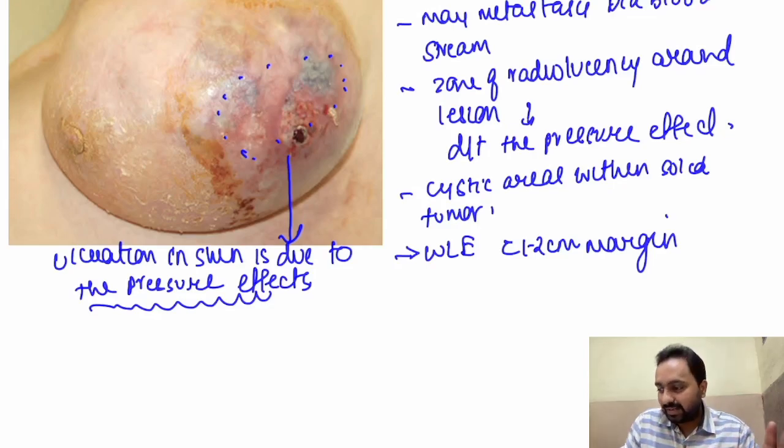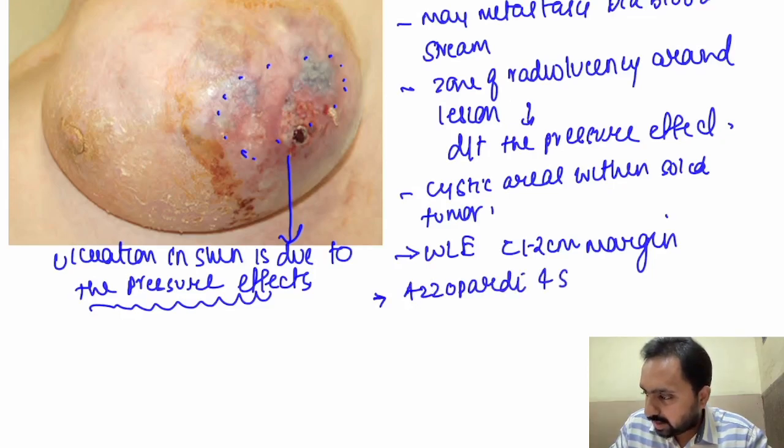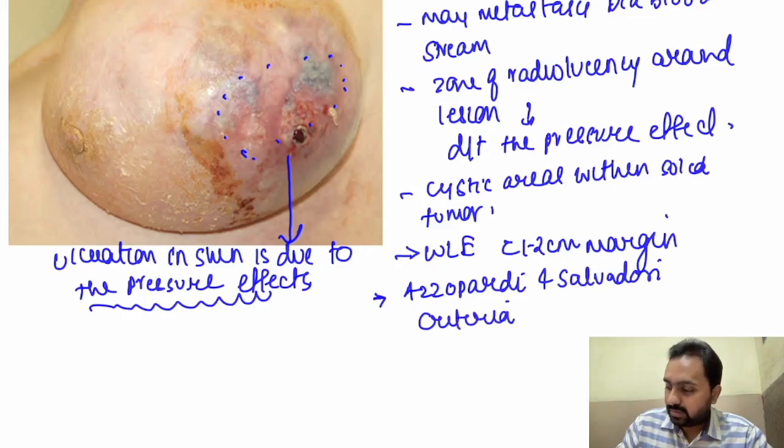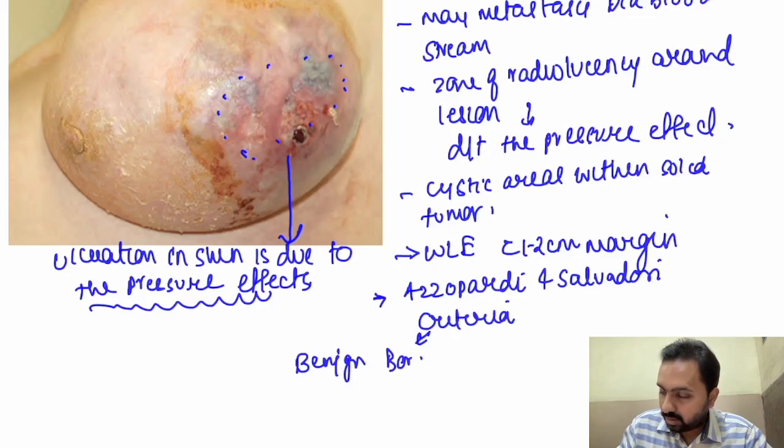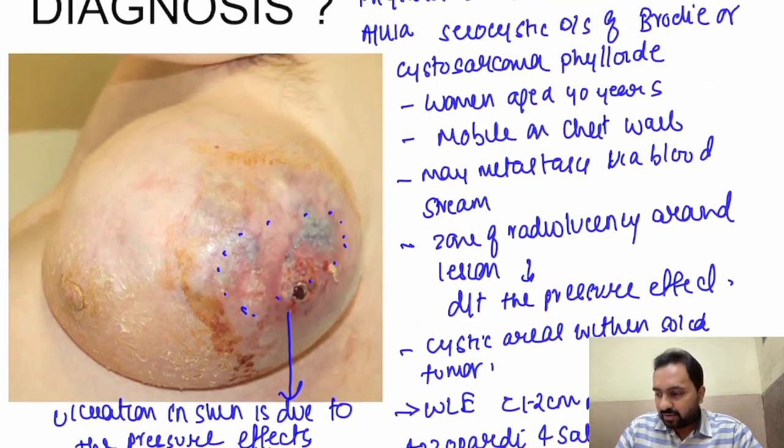I'll not go into the details of the criteria, I'll just name it, which is the Azzopardi and Salvadori criteria, right? So this basically differentiates into benign, borderline and malignant phyllodes.